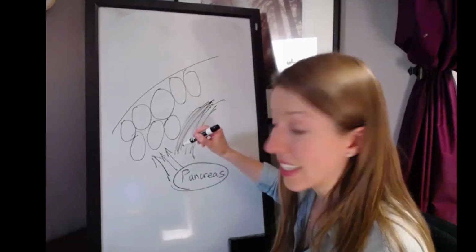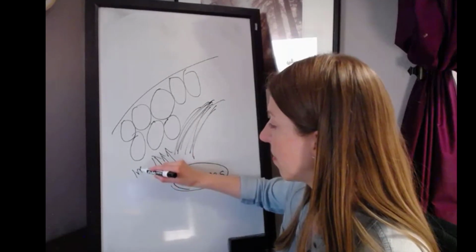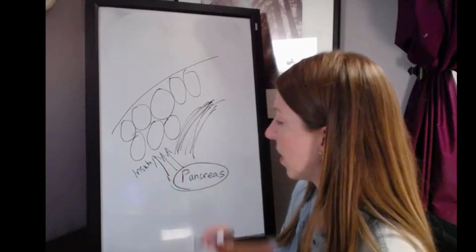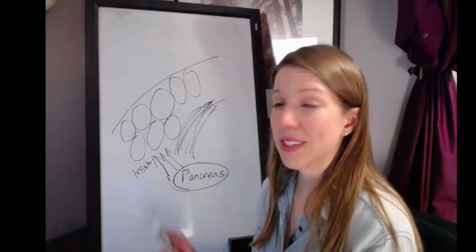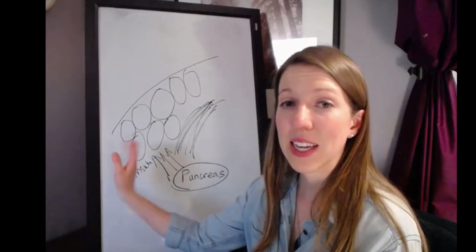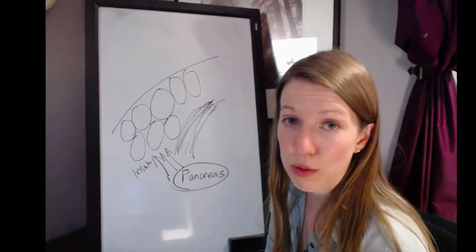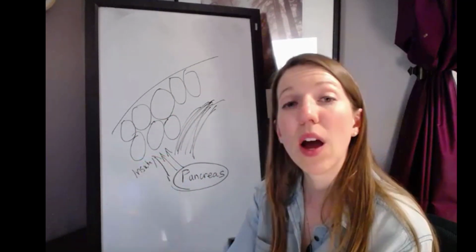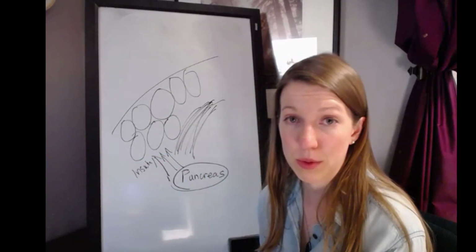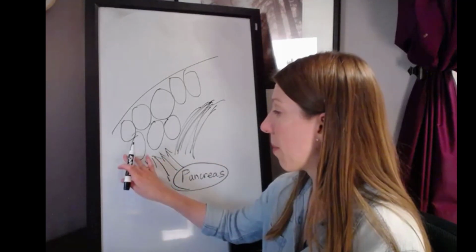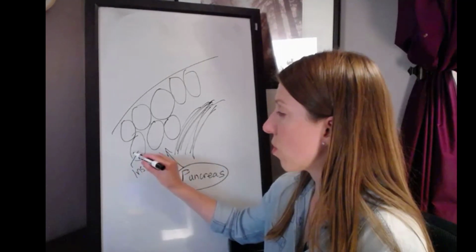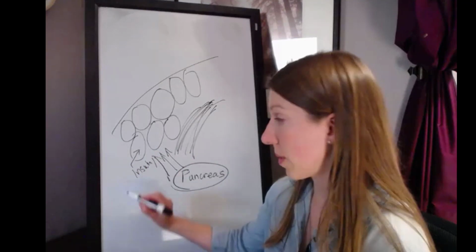Of insulin. So the pancreas is churning out all this insulin to get your fat cells to do what they're supposed to do, and that is open up and store glucose.